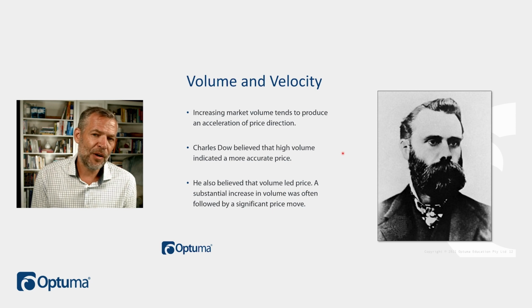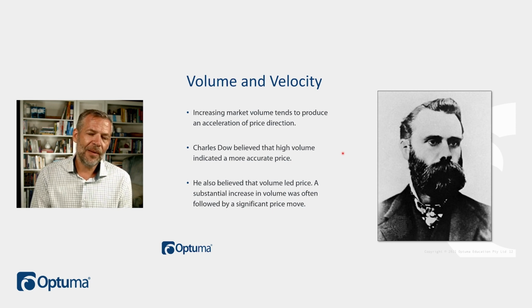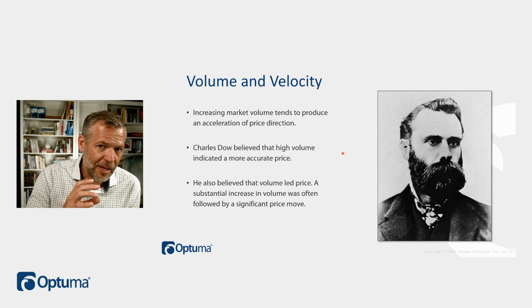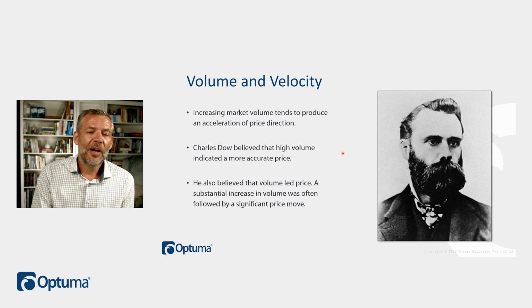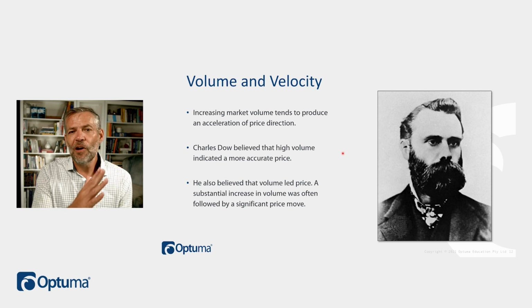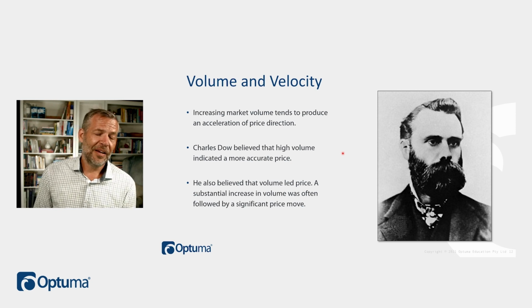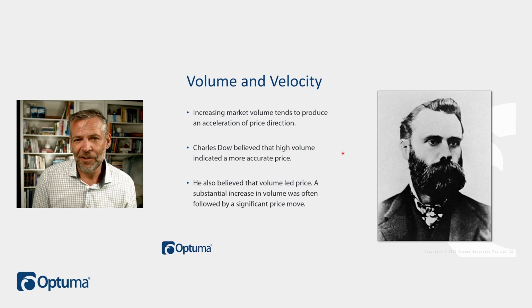But the other way that Dow looked at this was to say, if the prices were pretty consistent and then there was a large spike in volume, his expectation was that price would then have a pretty significant move following that. So it's the other way around, almost like the chicken and the egg example.